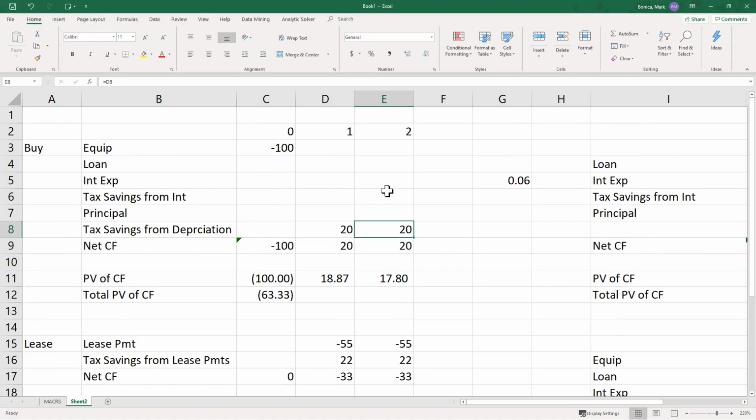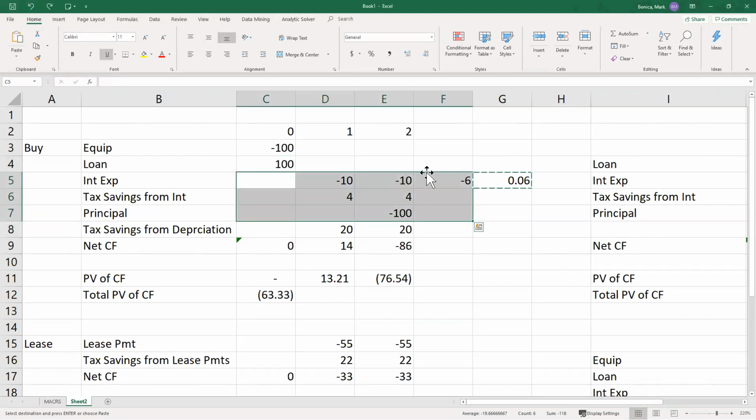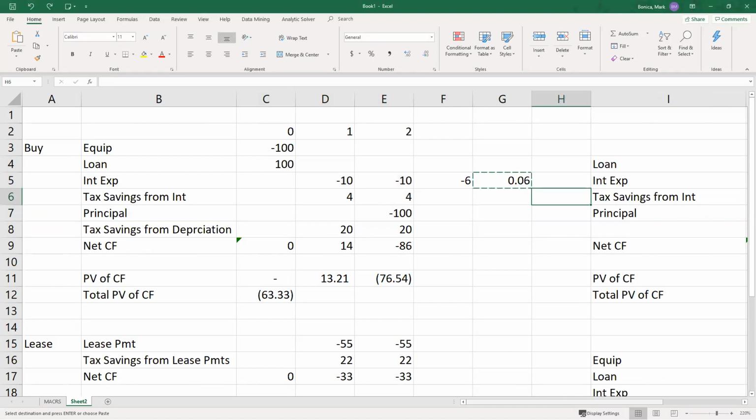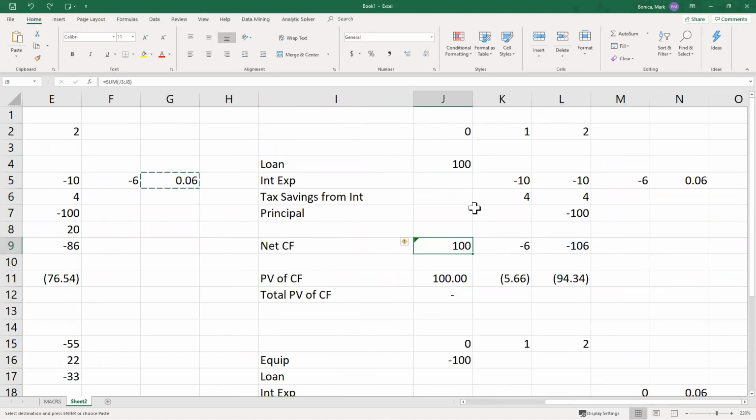In other words, it's a net present value from the financing of 0. Remember, we did net present value, and we say, all right, the net present value is the present value of the future cash flows added to the initial investment, which is usually negative.